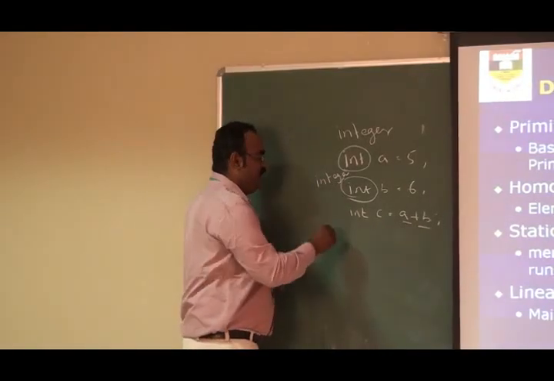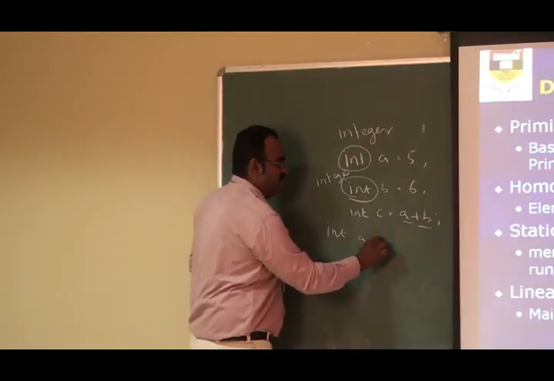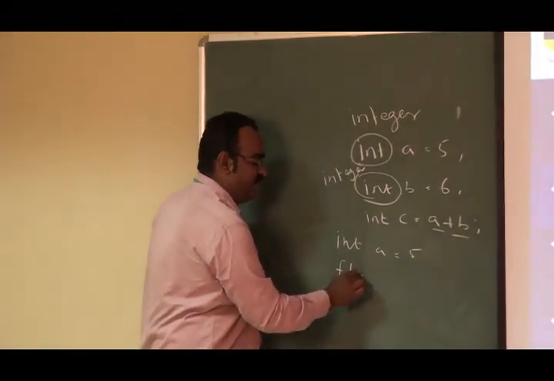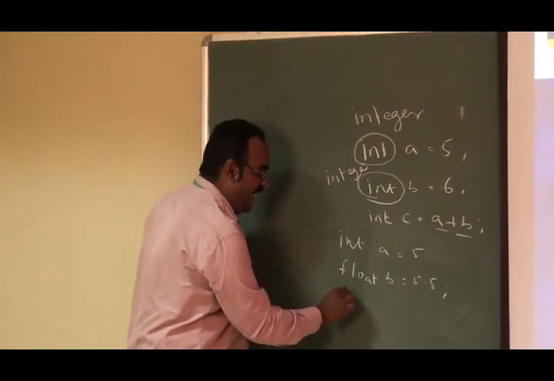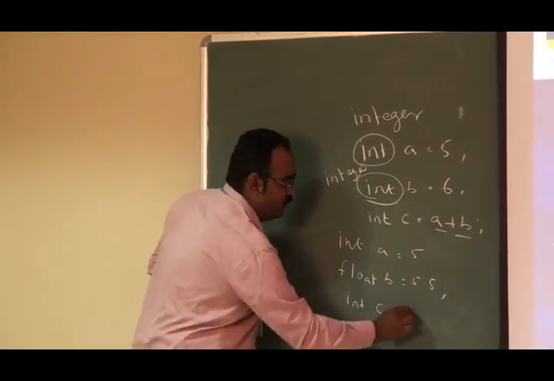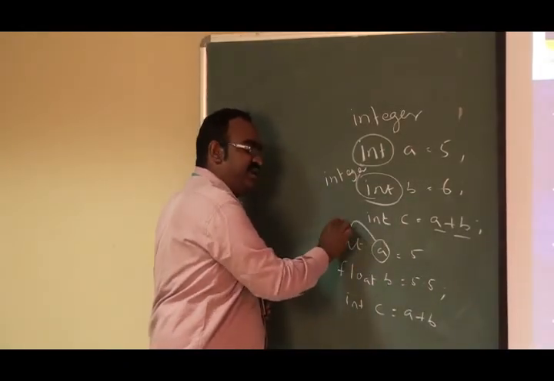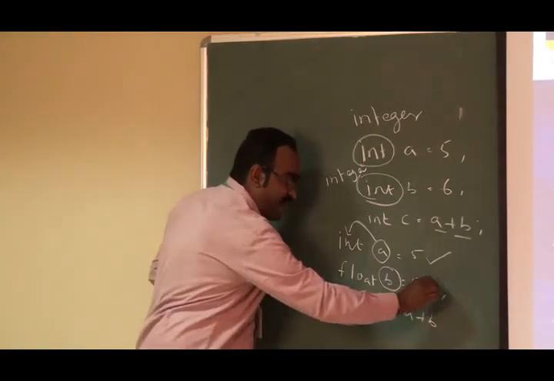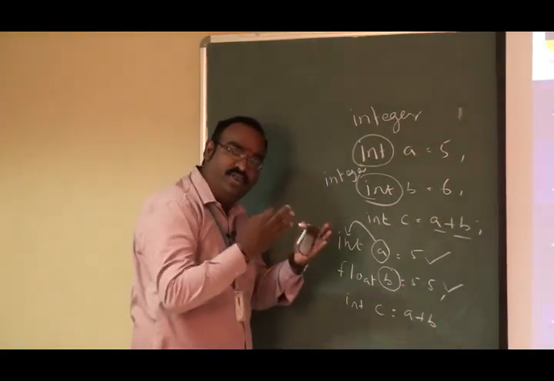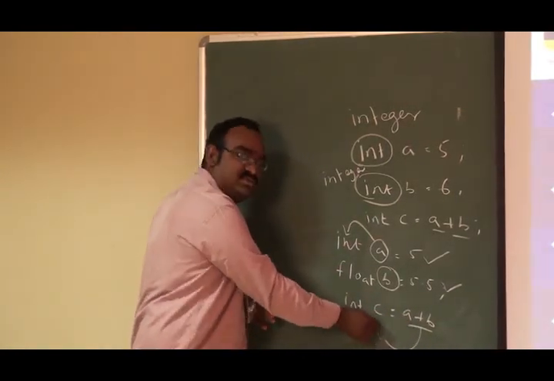Now we have integer a is equal to 5 and the other data item is float b is equal to 5.5. So now we add the two different values, a plus b. So what happens? a is of the data type integer, which is a whole number, and b is a floating point data item, which is 5.5. So now we have two different data items being added and the value is stored into c, right?